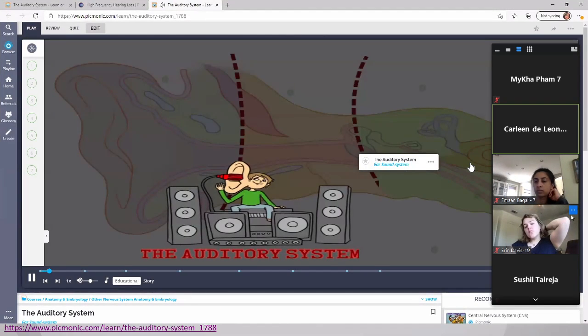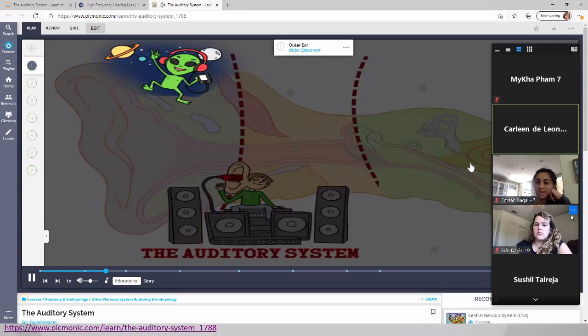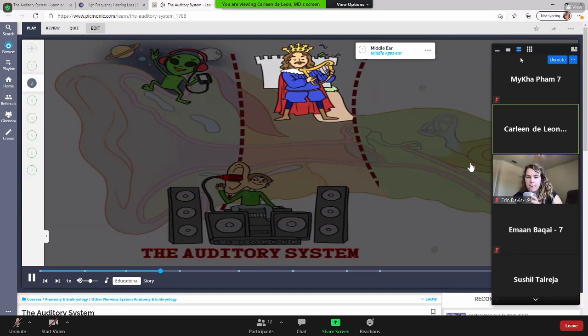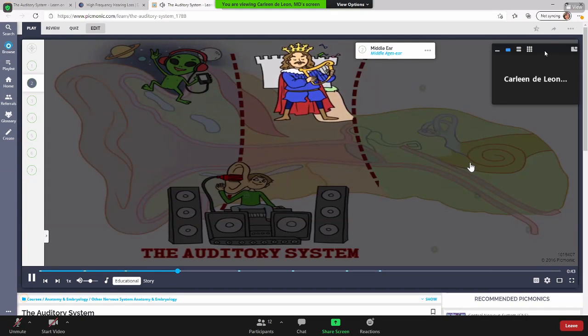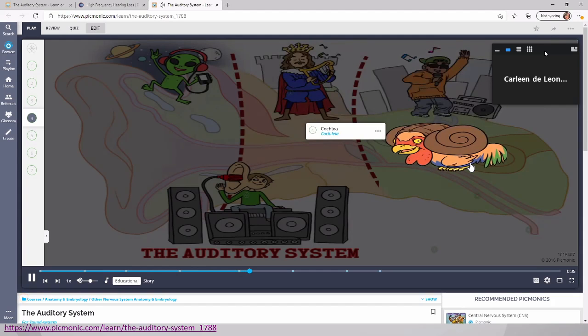Remember the auditory system like an ear sound system listening to the history of sound. He first hears the sounds of the outer space ear, which represents the outer ear. Then traveling deeper into the ear, he finds the Middle Ages ear, which symbolizes the middle ear. Following the middle ear is the inner ear, shown as the inner city ear playing the sounds and musics of today. However, in the deepest part of the inner ear, we discover the cochlea, represented as the cochlea.